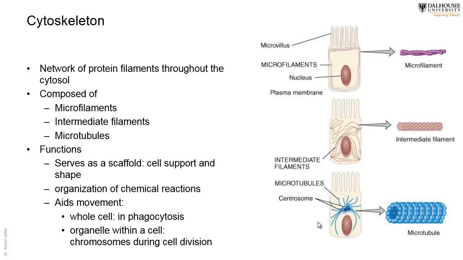They are either microfilaments, intermediate filaments, or microtubules, and they serve as a scaffold to support the shape of the cell. They also help for organizing chemical reactions, and they aid in movement. For example, in phagocytosis, formation of pseudopods, movement of the cilia and flagella, as we will see, and movement of some organelles, like the chromosomes that move away from each other during cell division.